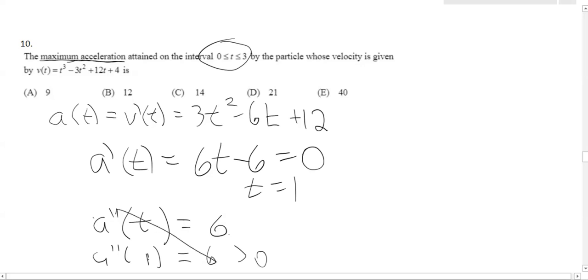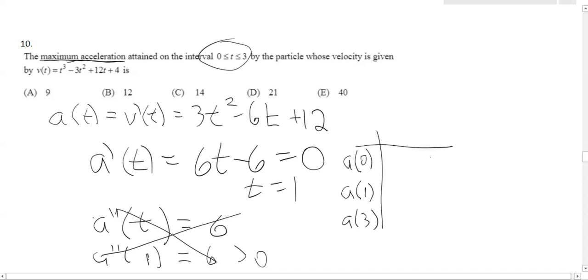So we didn't even need to do the second derivative test because this is a closed interval. Don't do the first derivative test. You simply evaluate the function you're trying to find the absolute max of at the endpoints and the critical number or numbers. Okay, so the t-values are 0, 1, and 3.